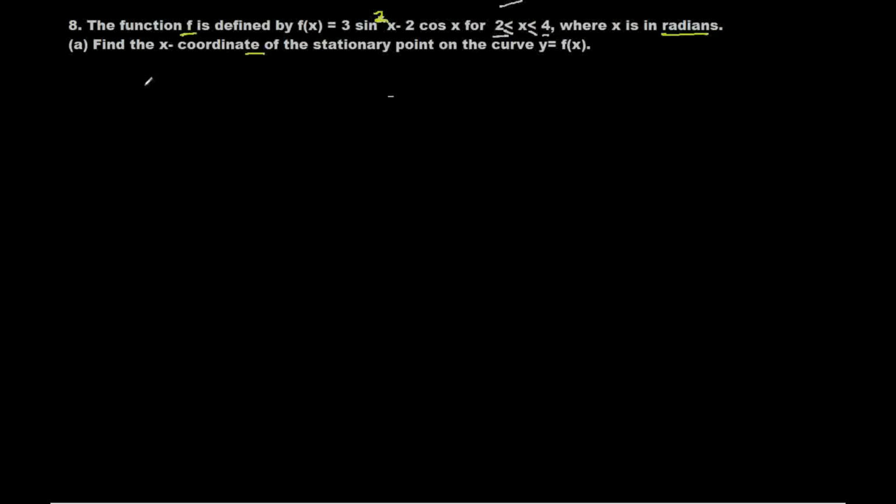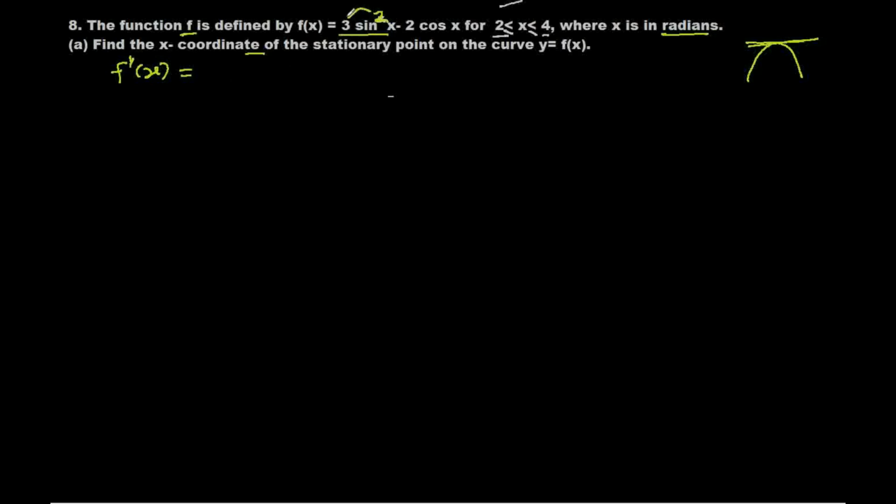Let's see. So first, to find the stationary point, we should know dy over dx, or f prime x in this case. We'll differentiate this and make it equal to 0, because at a stationary point the tangent is a horizontal line whose gradient is 0, and that's what we're going to do. This is the gradient, the differentiation. I will make it equal to 0. Let's focus on this one first.